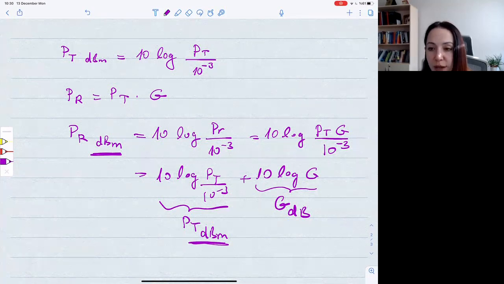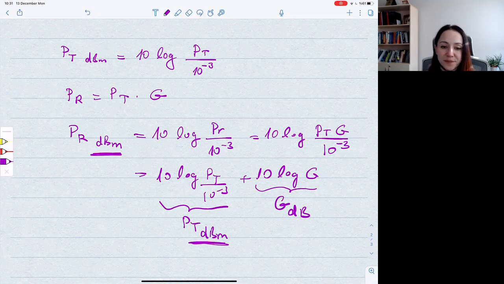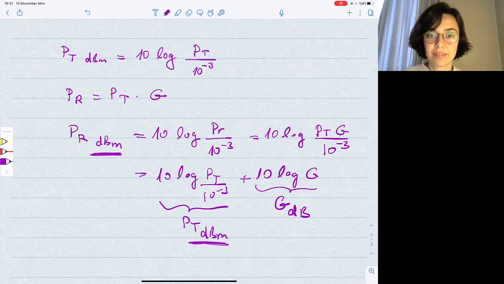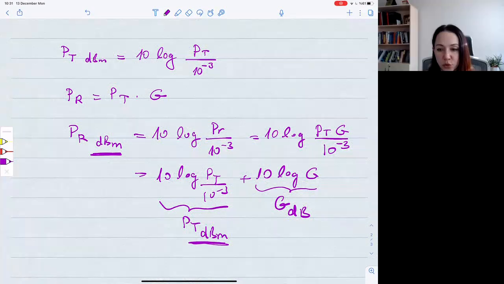Okay, so when you add dBs to a dBm value, what you get is dBm. Okay, but you cannot add dBs to a dBm and then another dBm, right?